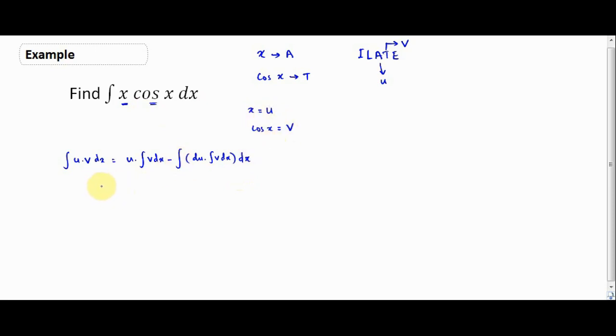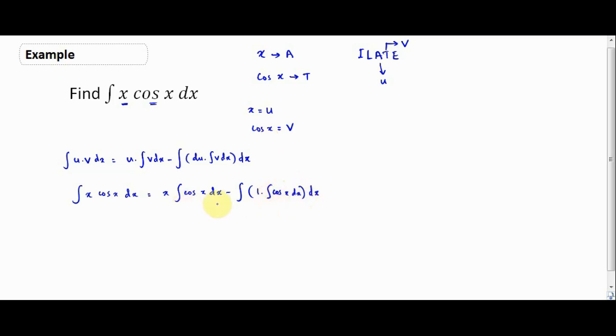What we get is integral of x cos x dx equal to x into integral of cos x dx minus integral of derivative of u. Derivative of u, that is derivative of x, will be 1. So 1 into integral of v dx, that is integral of cos x dx dx.